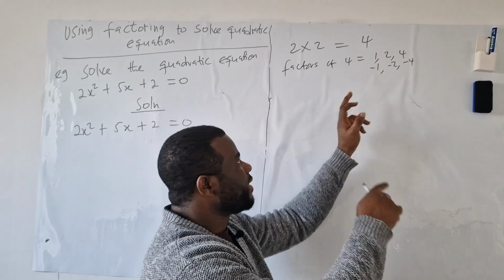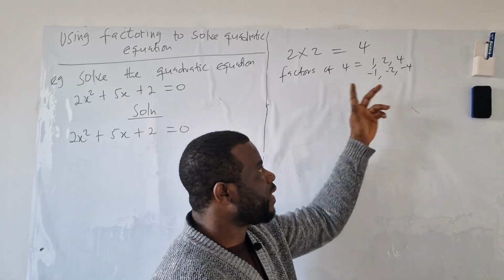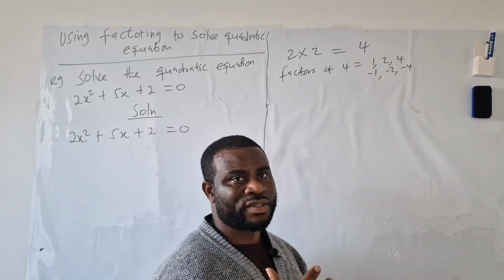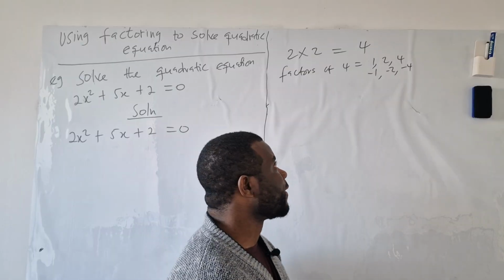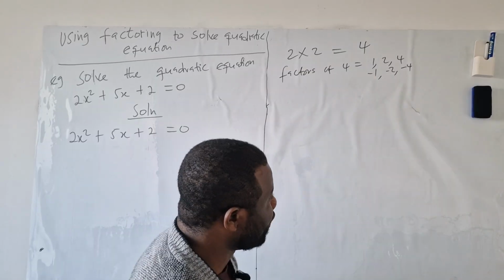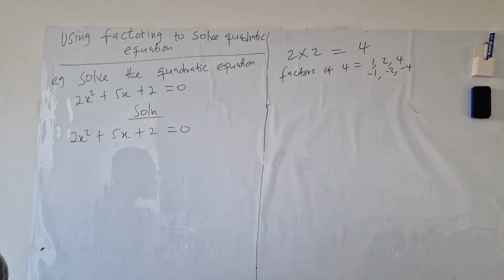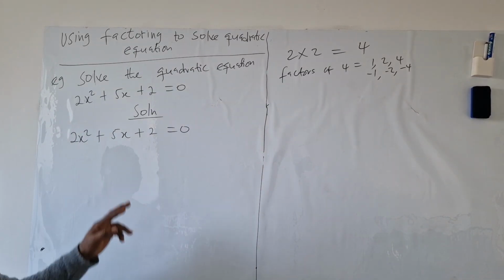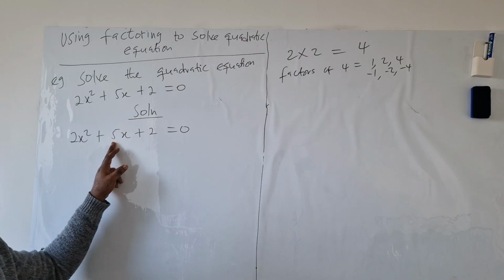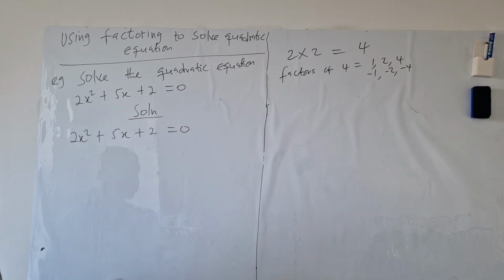So any of the 2 factors here that can satisfy the 2 conditions, that is what we are going to pick. Let's look through which 2 of the factors will satisfy both conditions. Adding up will give you 5, and multiplying will give you positive 4.